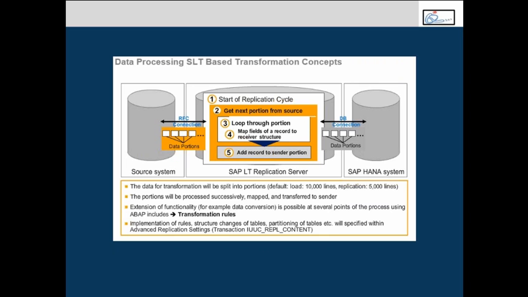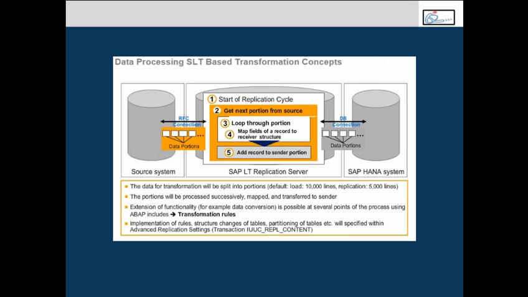You'll have different events: begin of transaction, begin of loop, begin of record, end of record, end of loop, end of process. Depending on that, when you write some transformation rules, you can control when that rule should get executed: at the beginning of the transaction, beginning of loop, beginning of each record processing, end of record processing, end of loop, or end of transaction.